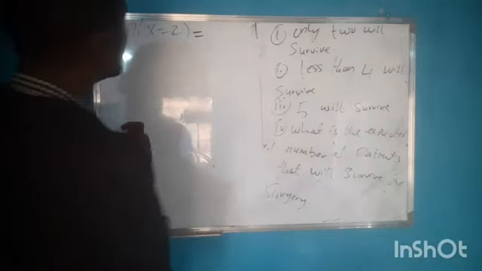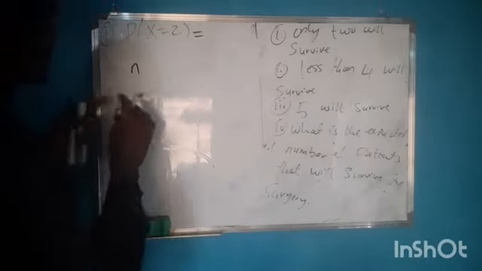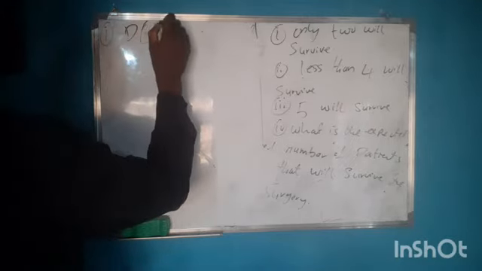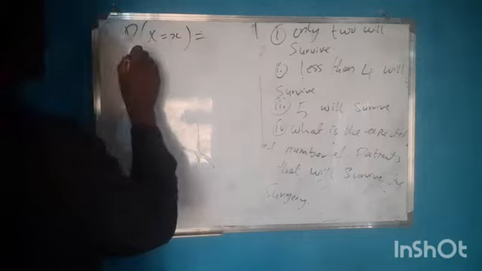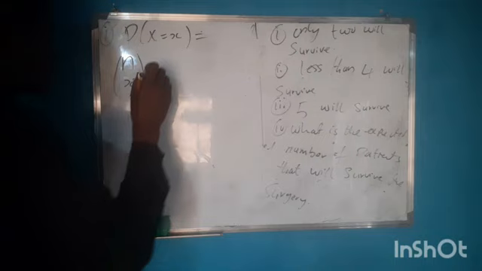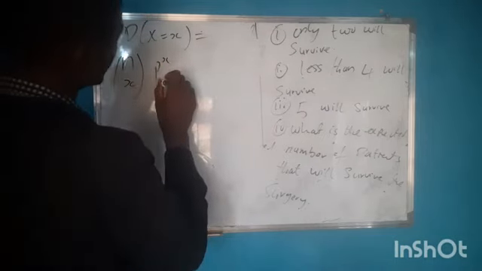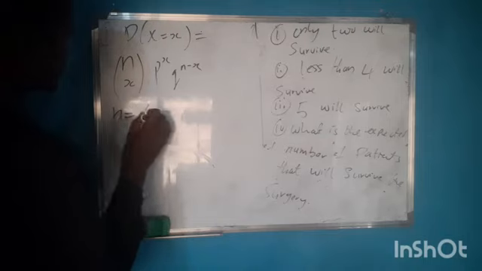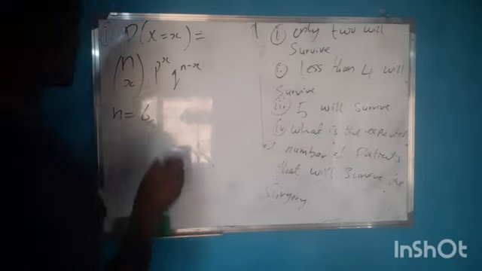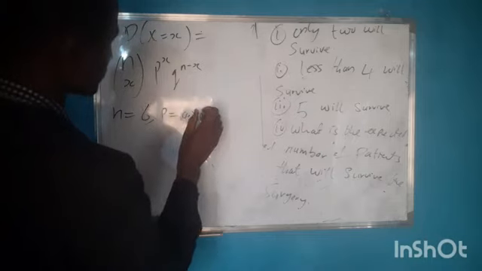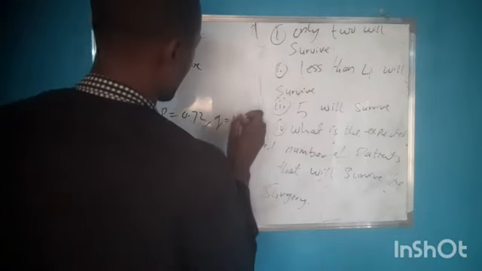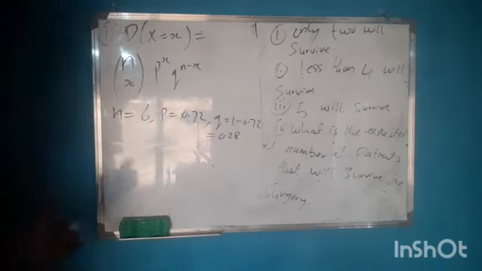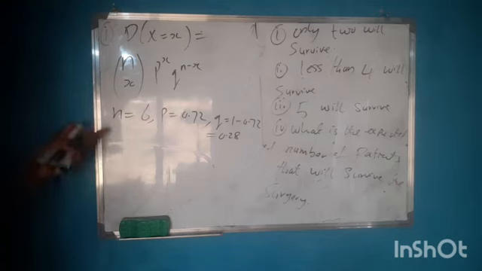In binomial distribution, the probability of X equal to small x is equal to n combination x, p raised to power x, q raised to power n minus x. So here our n is equal to 6, our p is equal to 0.72, and our q is equal to 1 minus 0.72, which gives us 0.28.